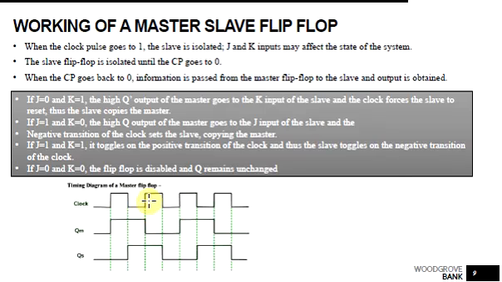Only when the next positive clock pulse arrives, the Q of the master will be toggled to the lower state, but it does not change the output of the slave, which remains the same. Only when there is a negative pulse will the slave be affected.